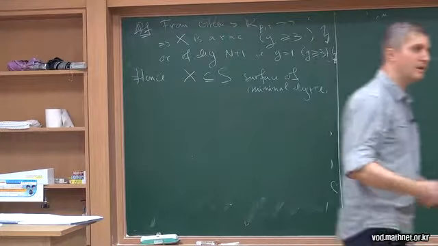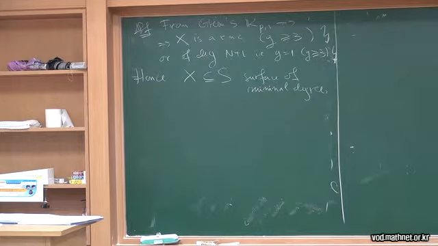Which is, as we know, either a Veronese in P5 or it's a scroll, a two-dimensional scroll.